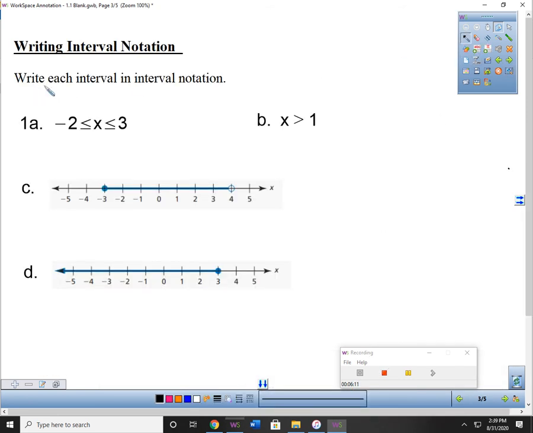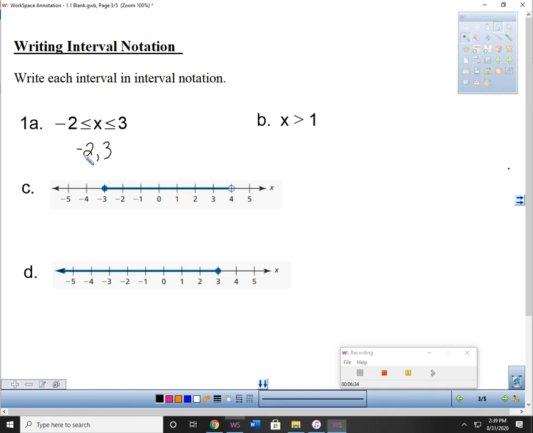So we are going to write all 4 of these problems in interval notation. That means we have a parenthesis or a bracket and then the 2 numbers in the middle with the comma. So what I like to do is say, okay, this is bounded because I'm between 2 things. So I'm going to start with -2, and I'm going to go all the way to 3.